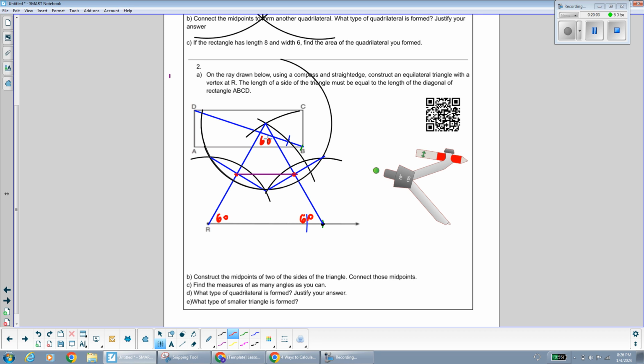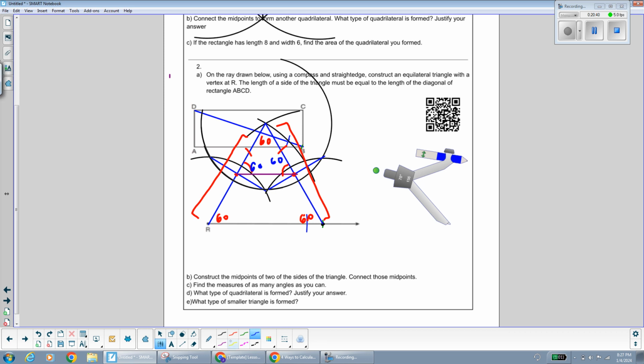Since all the sides were the same length, and we cut them in half, each half should be the same. So in this top triangle, these two angles should be the same if it has two congruent sides. That means each of these angles has to be 60 as well, making the top small triangle also equilateral.